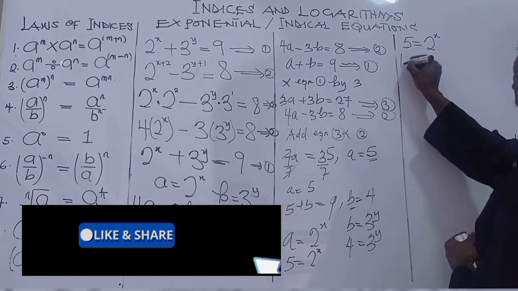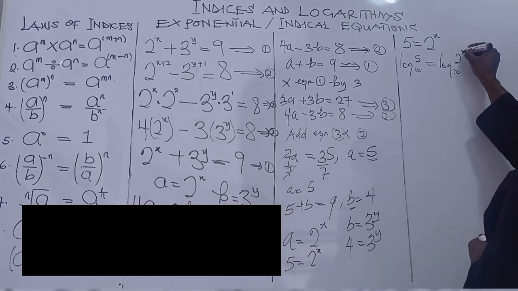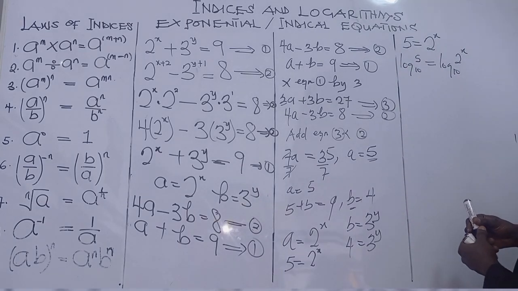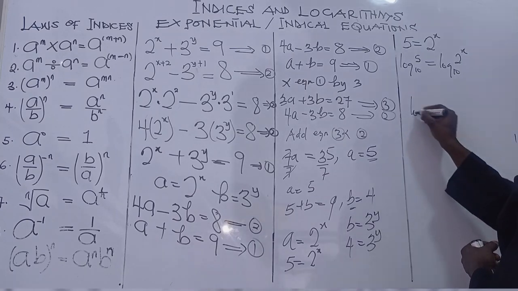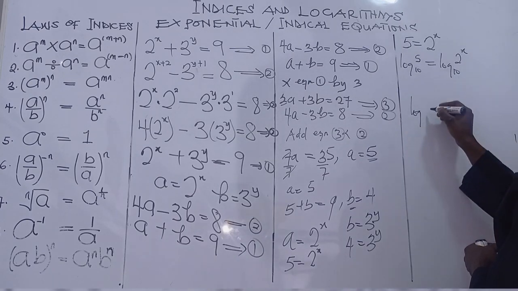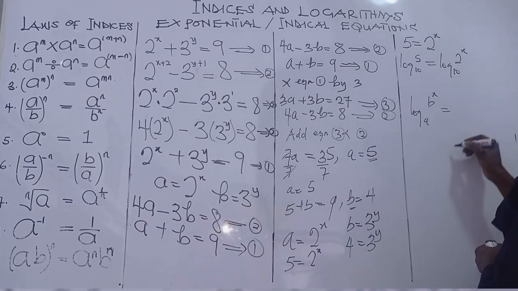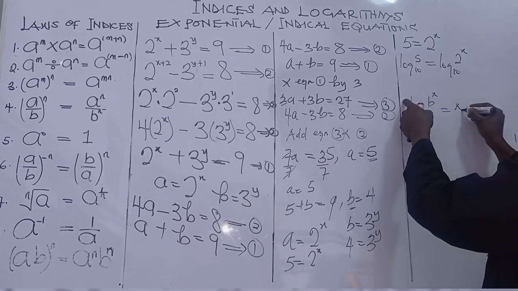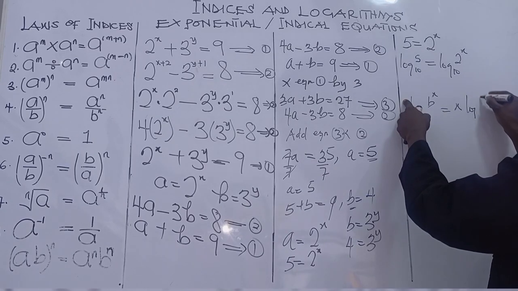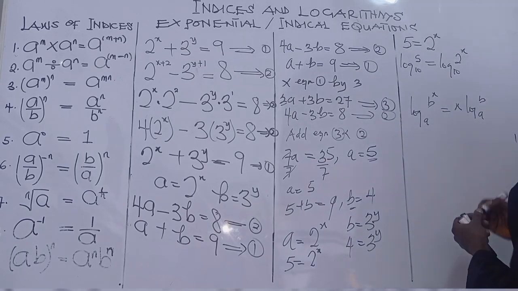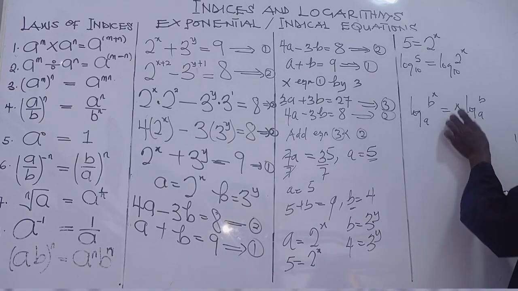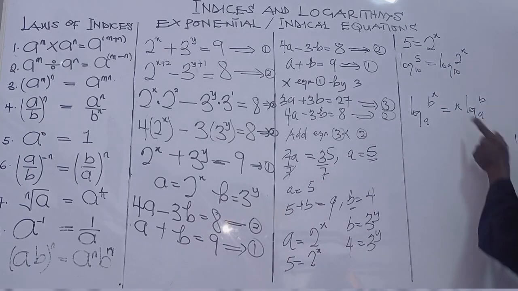So we have, now applying this property of logarithm, which says that when you have logarithm b to the base of a, the power can be expressed as coming in front. We have logarithm b to the base of a. So we are going to apply this property to express this as that.